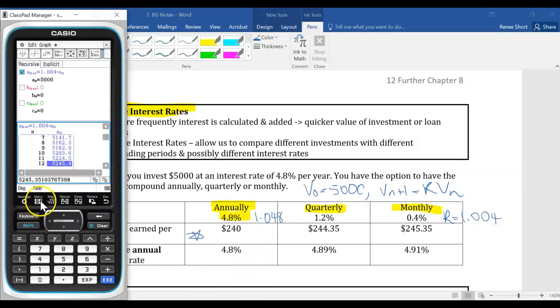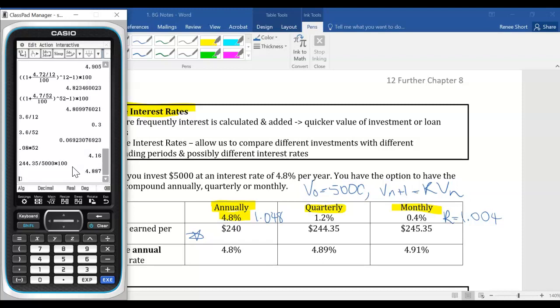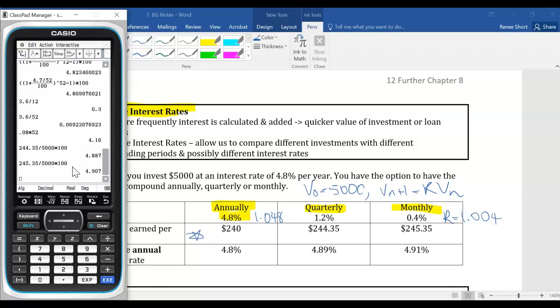For me to look at the quarterly data, that would be me doing 244.35 and dividing that then by 5,000, timesing it by 100 to make it a percentage, and I get 4.89%. For me to do that for monthly, it would be me taking that 245.35, dividing that by 5,000, timesing that by 100, and I get 4.91% there.